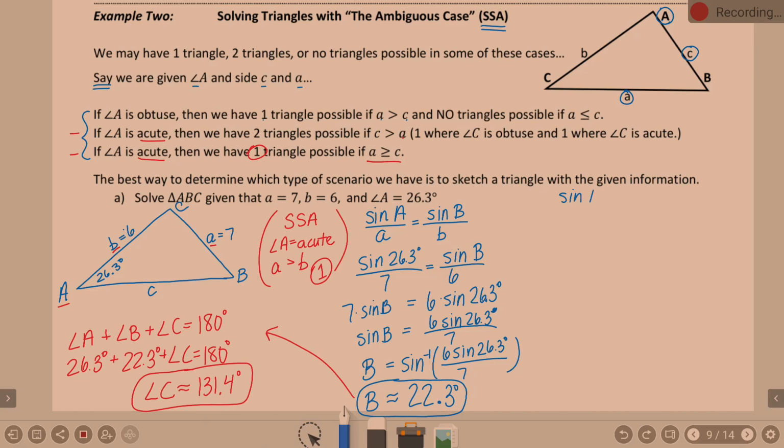So sine A over A is equal to sine C over C. So sine of 26.3 degrees over 7 equals sine of 131.4 degrees over C. Okay?